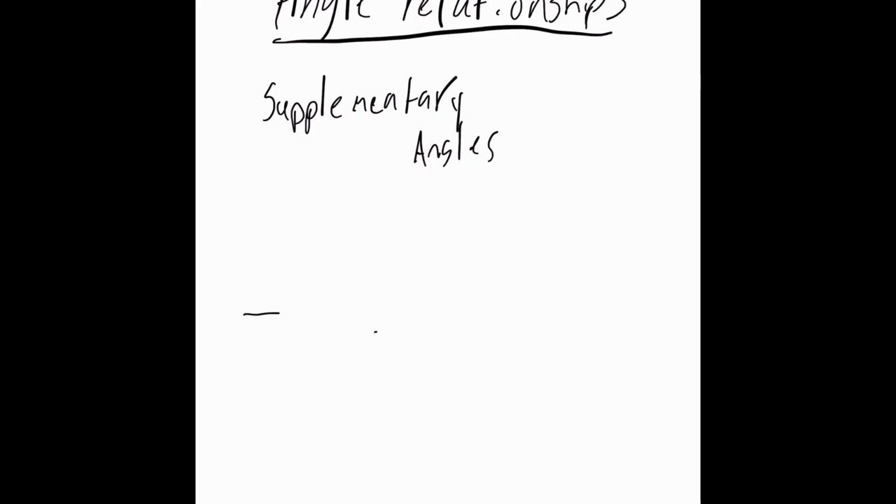So with a supplementary angle relationship, it's 2 or more angles that add up to equal 180 degrees. The easiest way for you to find a 180 degree angle is that those angles will be sitting on a straight line, okay? That is the biggest hint. They will be on a straight line, or a half a circle. They're making a half a circle.